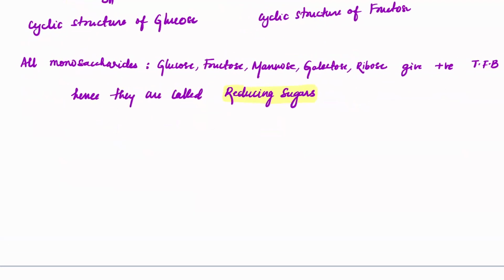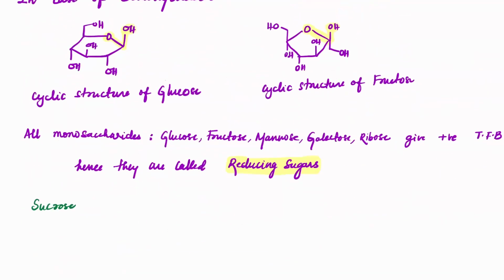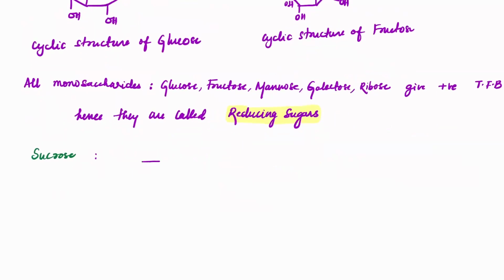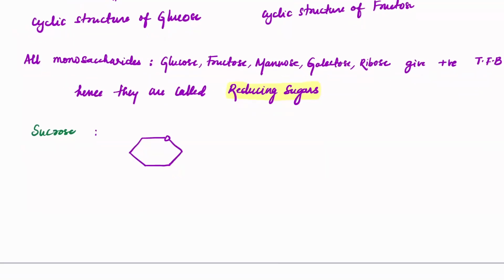Okay, so if it comes to sucrose, sucrose is a combination of these two structures, that is glucose and fructose. And the structure of sucrose looks like this here, and it is connected with this like this.